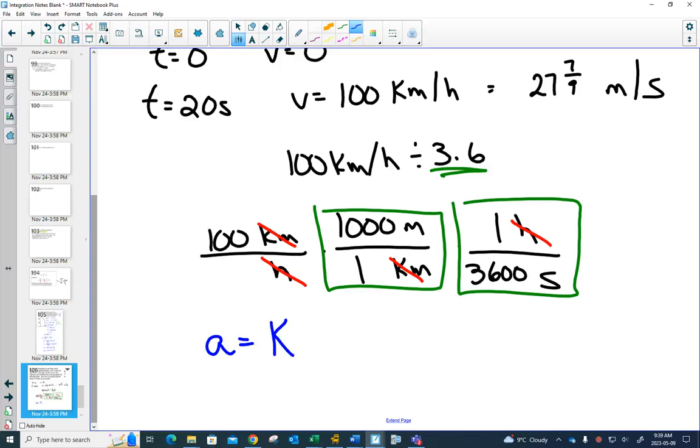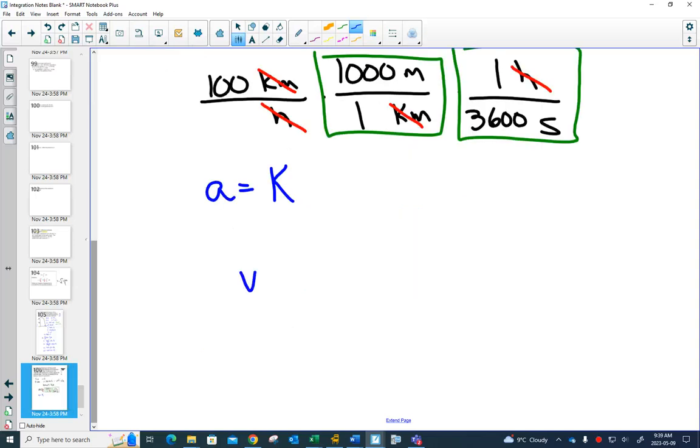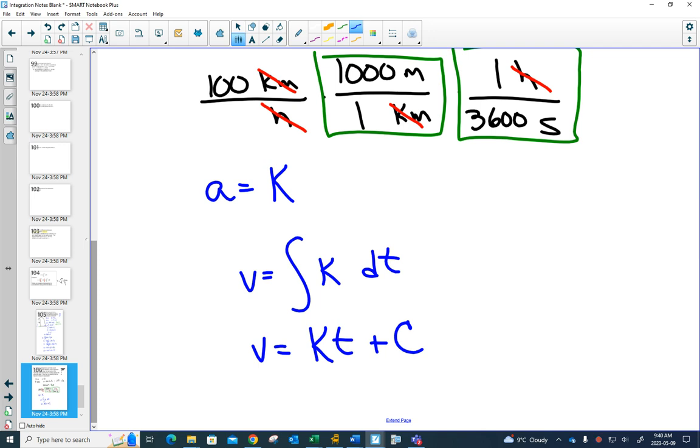I'll just use k, keep it simple. So our acceleration is k. We don't know what that is, but we know our velocity is the integral of k dt. In other words, our velocity will be kt plus c.